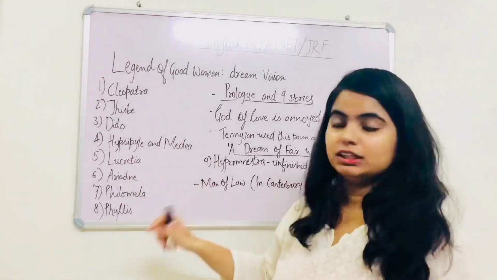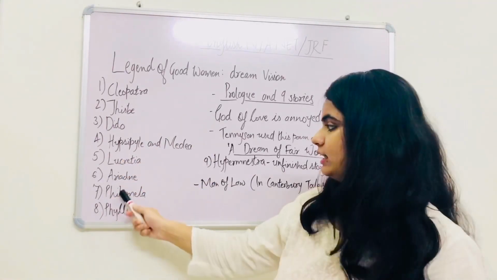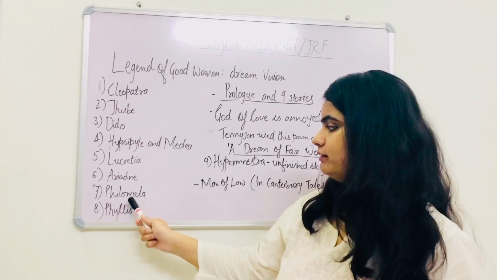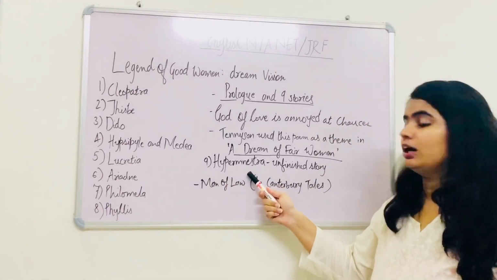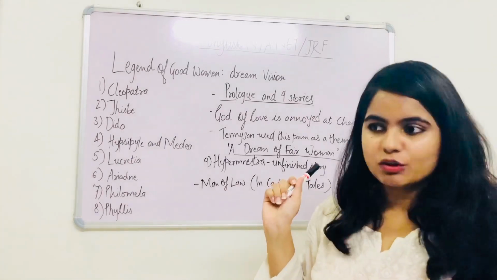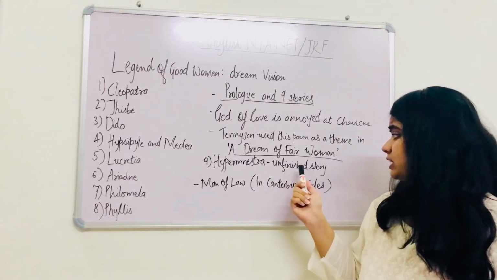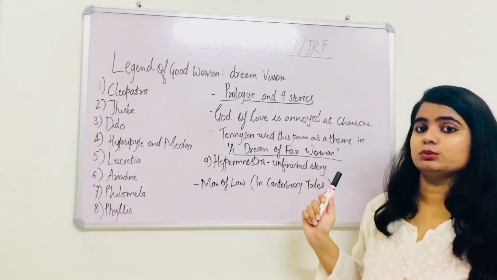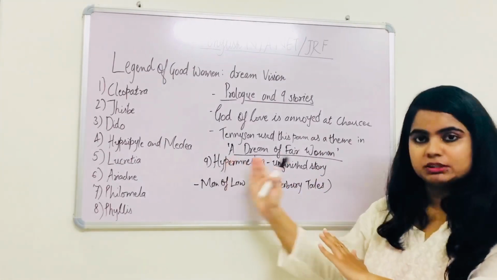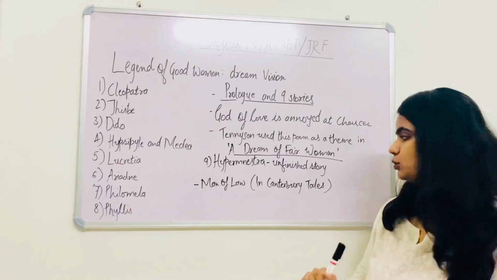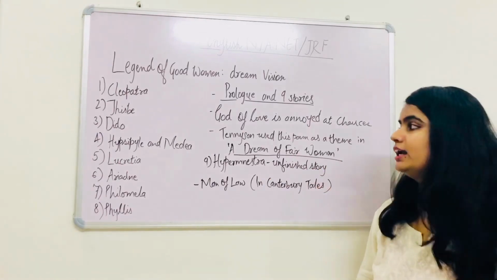Then Lucretia, Ariadne, Philomela and Phyllis, and the last one is Hypermnestra. Hypermnestra was the woman whose story was left unfinished. So there are the 9 legends, and the last one, Hypermnestra, has an unfinished tale, right?